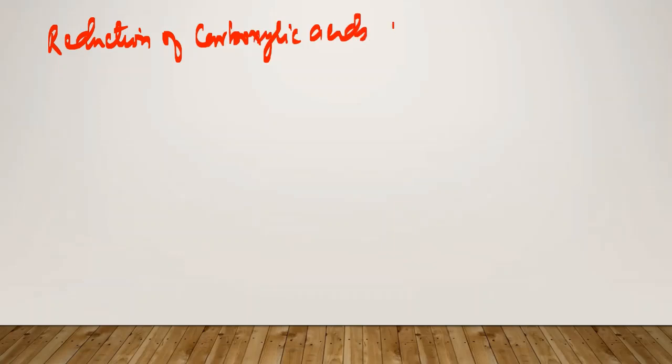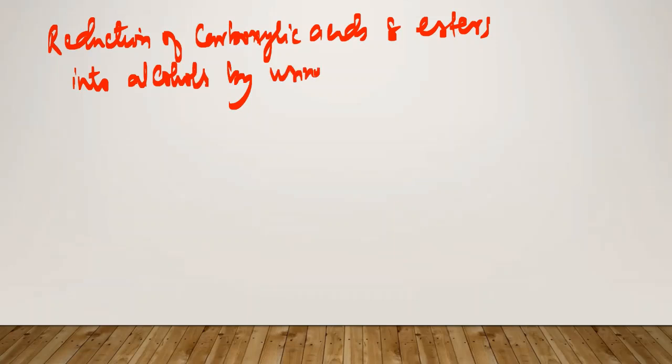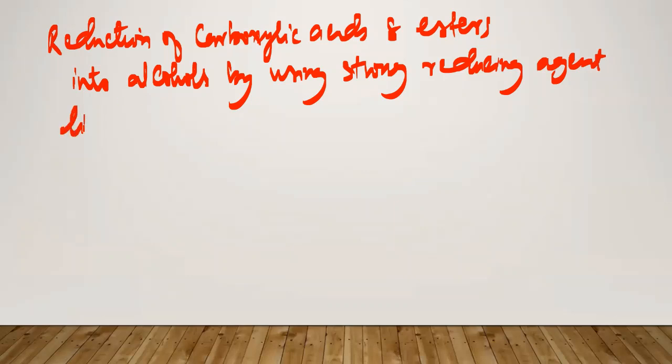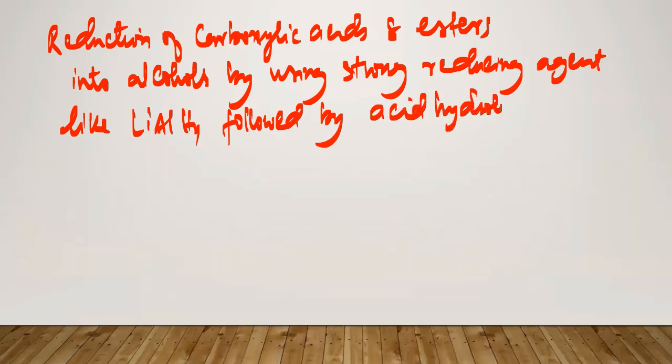So we are just basically reducing carboxylic acids and esters into alcohols by using strong reducing agent like lithium aluminum hydride, followed by acid hydrolysis. So followed by acid hydrolysis, my dear friends.